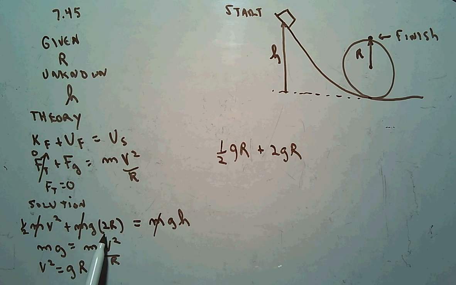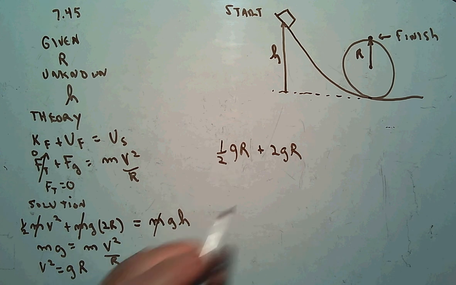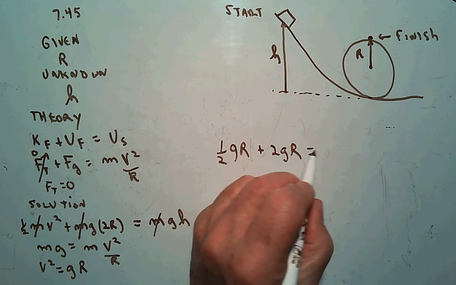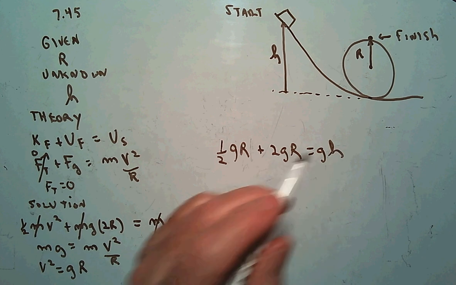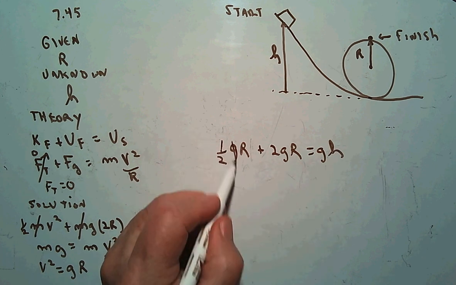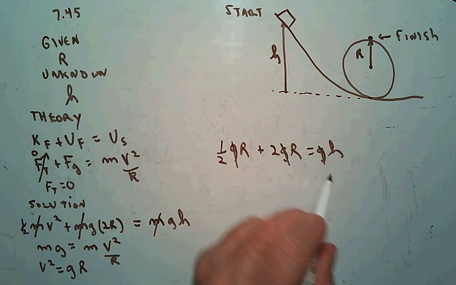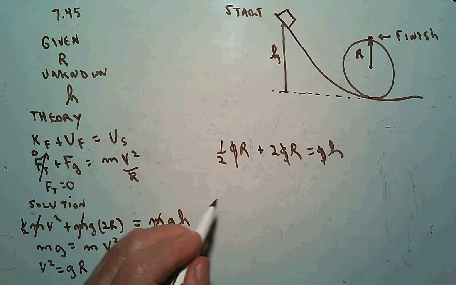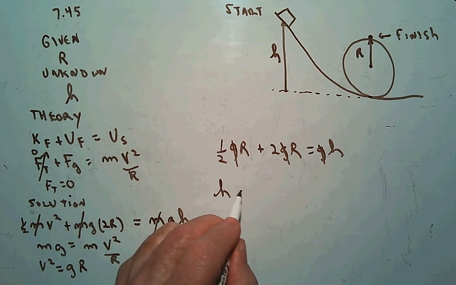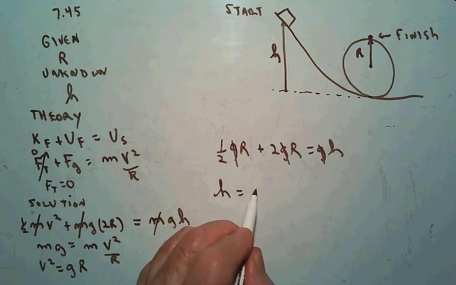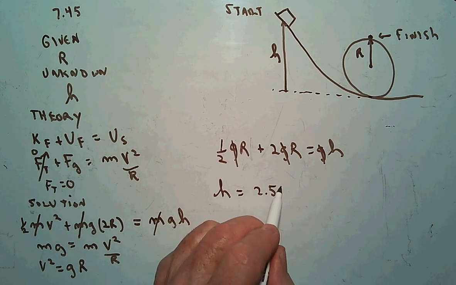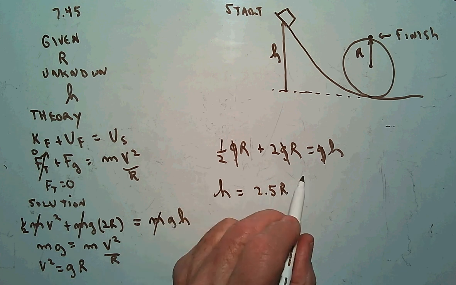That's this term right here. And then that's got to equal g times h. And now we can get rid of the g's. And you can solve this right here, and you can see that h equals 2.5r, like that.